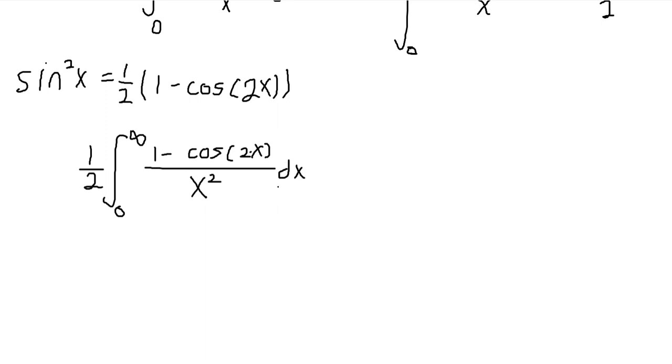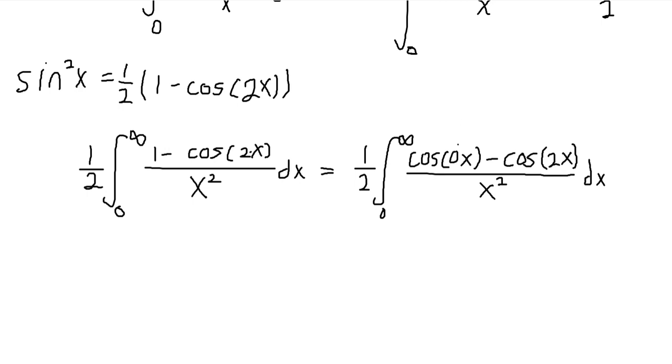And what I'm going to do, and this might seem very non-intuitive, is rewrite this 1 as cosine of 0x. The justification is because cosine of 0 is 1, and 0 times x is 0. So it's the same thing. It's just I've rewritten 1. You might be wondering, what is the point of that?